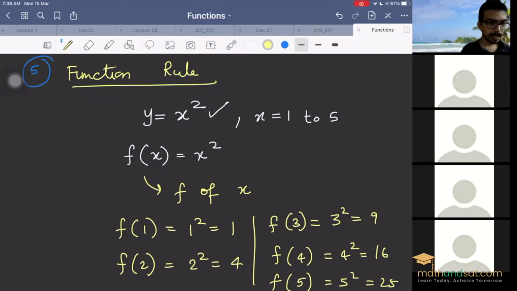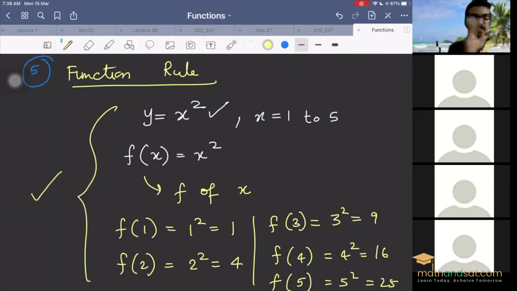So these are the 5 different ways to represent a function, and this is what we will encounter the most often. f of x is equal to x squared means that the output value corresponding to x is represented as f of x. f is the name of the function.